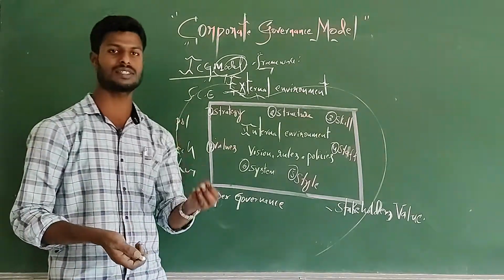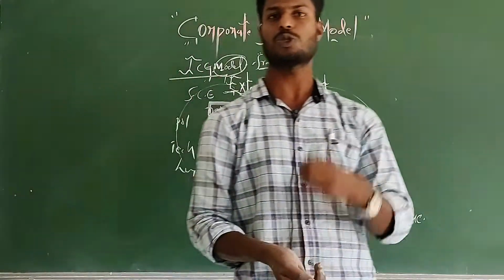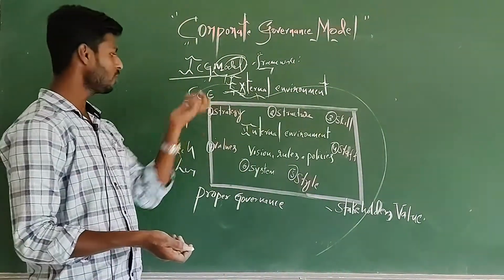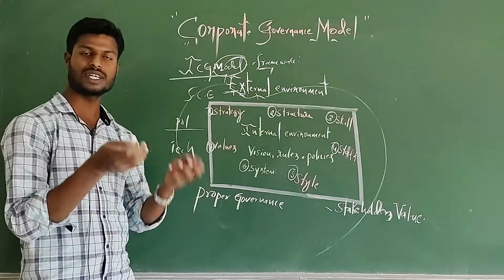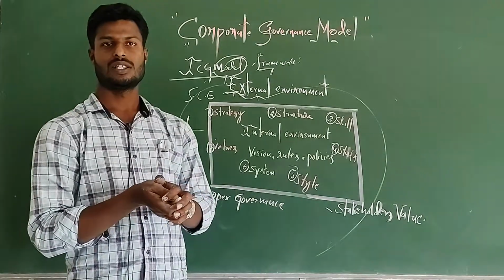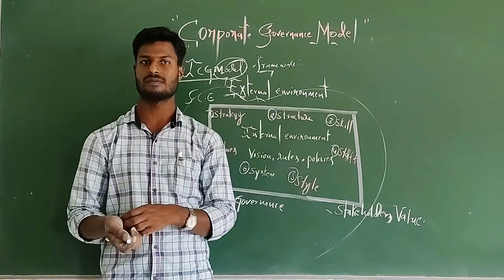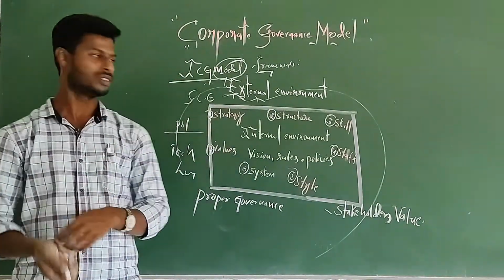Socio-cultural environment: customers' taste, preference, their values, their culture. Political environment: political stability, instability, the ruling party in a state government and central government, and the political system in a country.